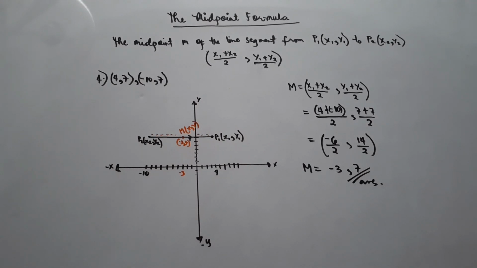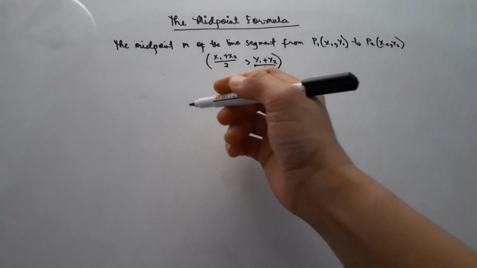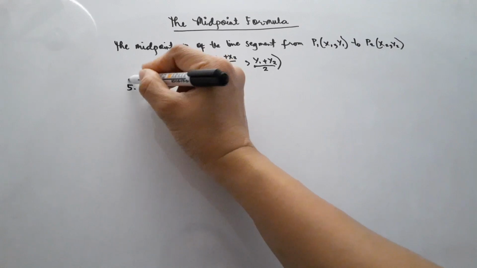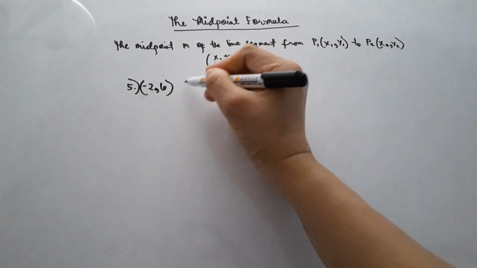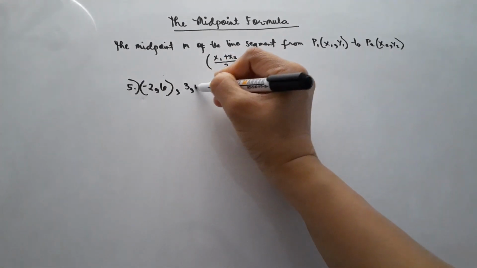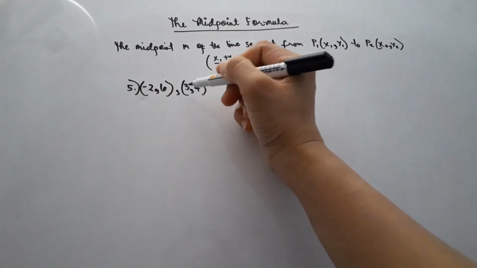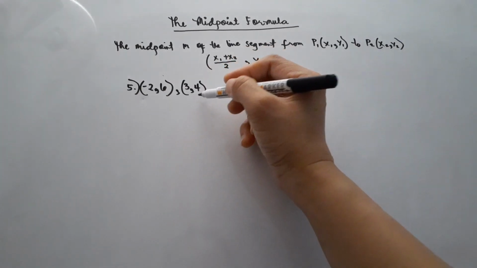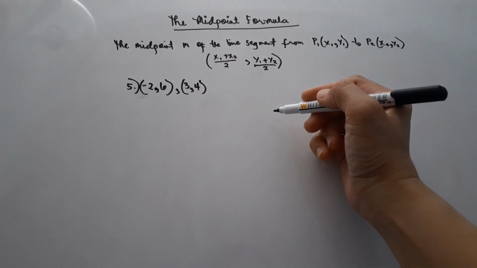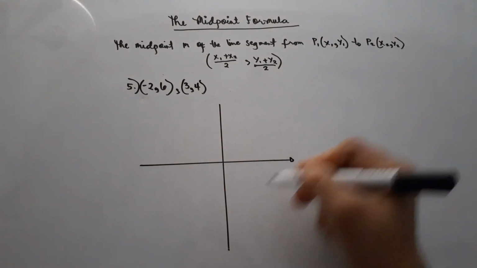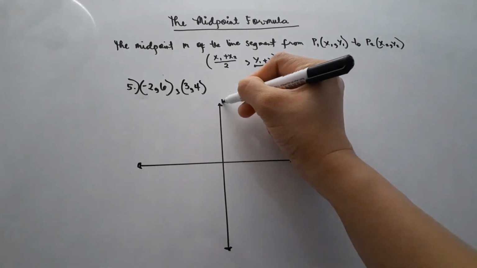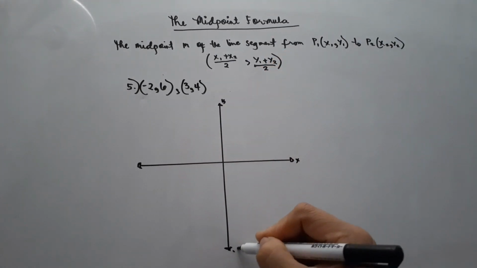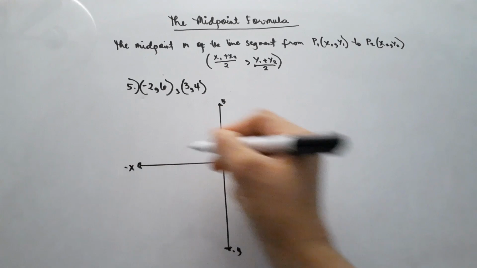And then let's have example number 5. In number 5 we have negative 2 and 6, which is our point 1, and 3 and 4, which is our point 2. So let's plot it in a graph. In the graph here we have our x-axis, y-axis, and this is our negative y and negative x-axis.